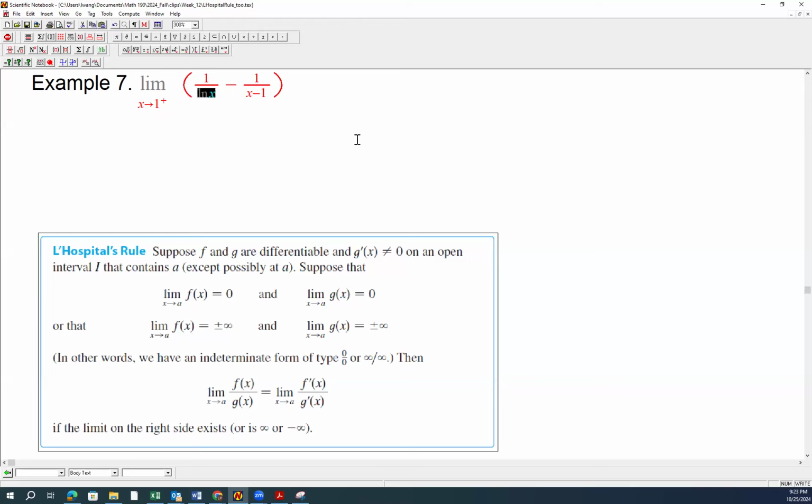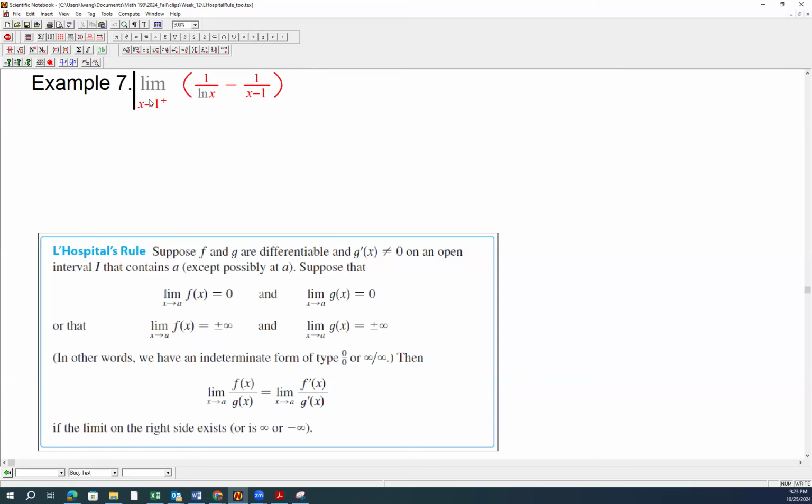So infinity subtract infinity. We have a situation of infinity minus infinity. Okay, so that's the indeterminate form. And we cannot apply L'Hopital rule because L'Hopital rule is either 0 divided by 0 or infinity divided by infinity, right? So either one of these two forms.